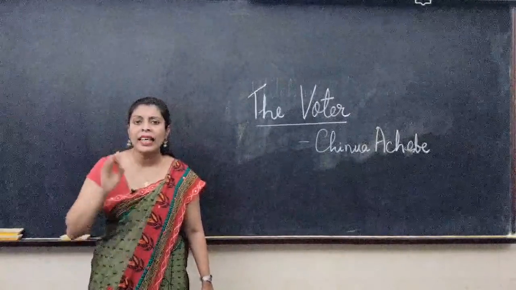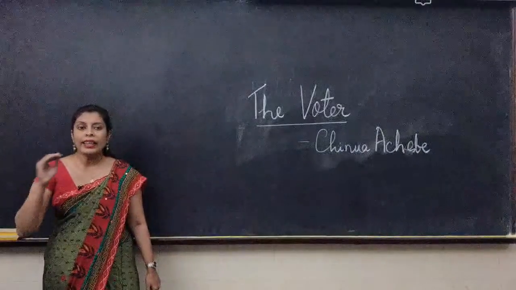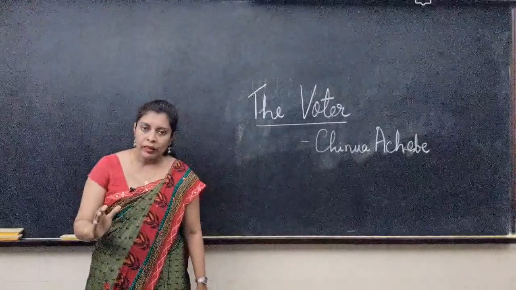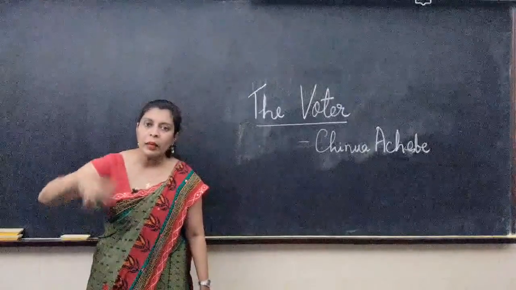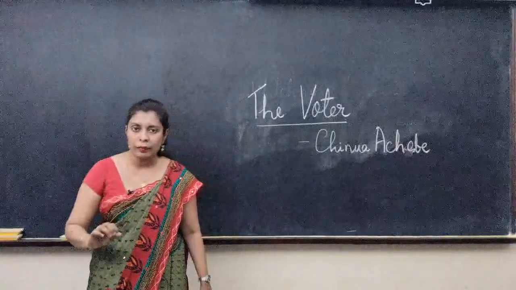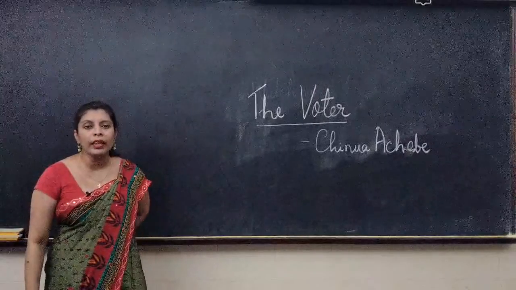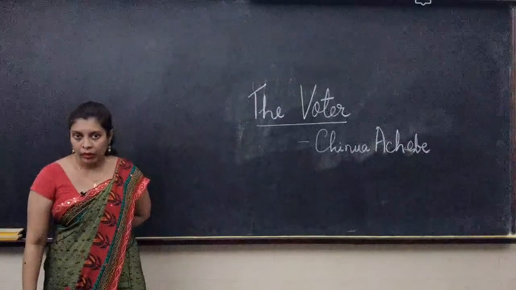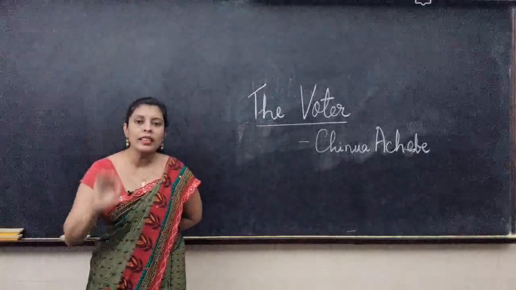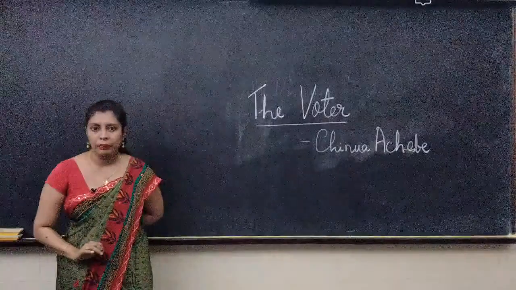Every 5 years, different candidates from various political parties contest elections, and accordingly they form the governing bodies. And who selects these representatives? The voters.